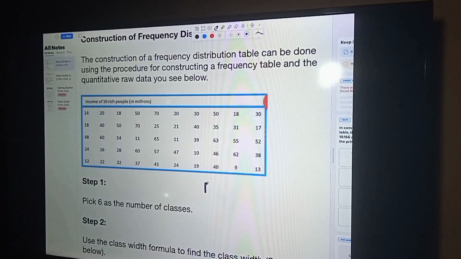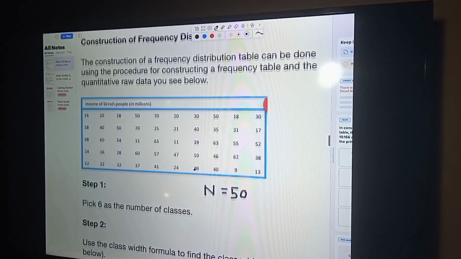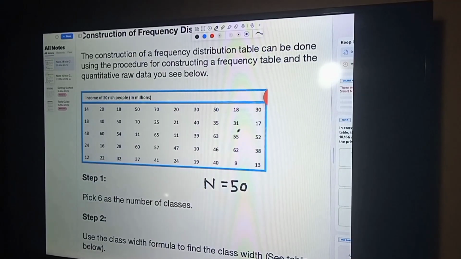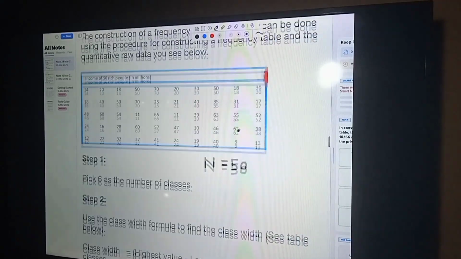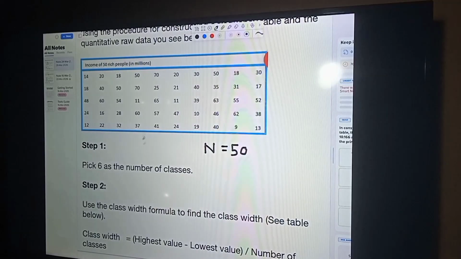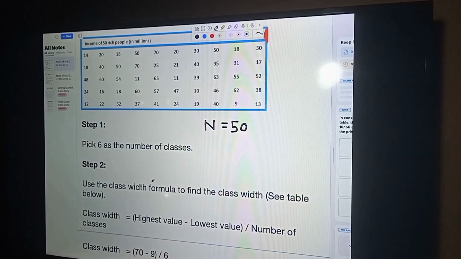So we can say that N is equal to 50, the number of observations is equal to 50. Now we are going to tabulate this raw data. So for tabulation, we need to follow certain steps.